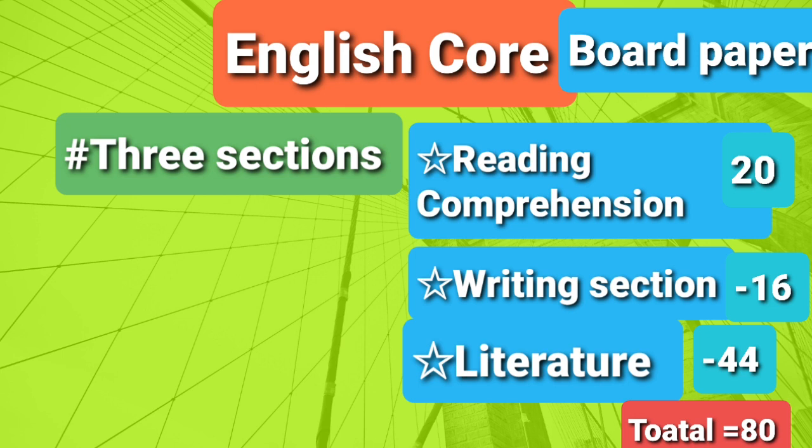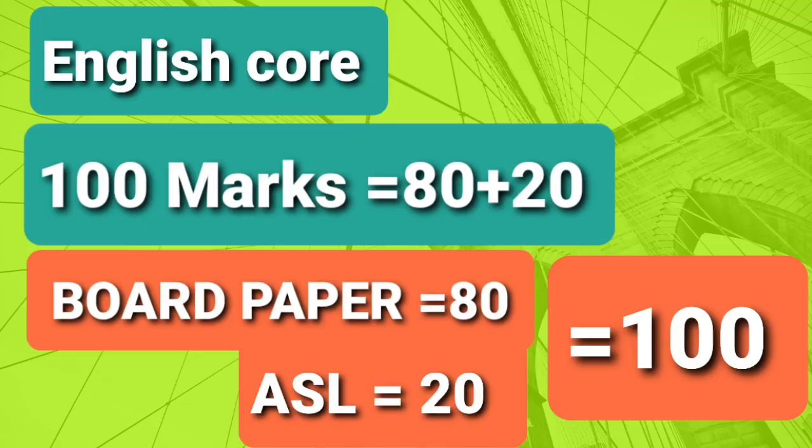Reading comprehension is of 20 marks, creative writing skills will be 16 marks, and this time literature will be 44 marks. In total that will be 80 marks. Apart from your written board paper, we have 20 marks for assessment of listening and speaking skills, which will be assessed at your school by your teachers. So this is the change we have got this time.